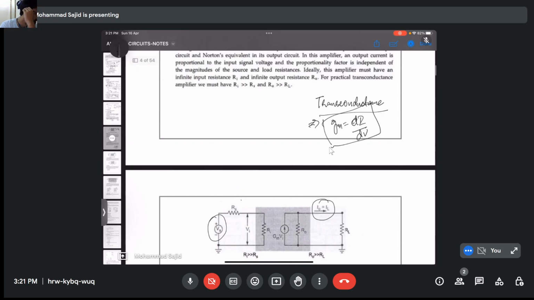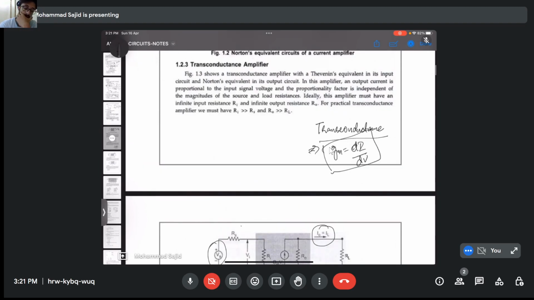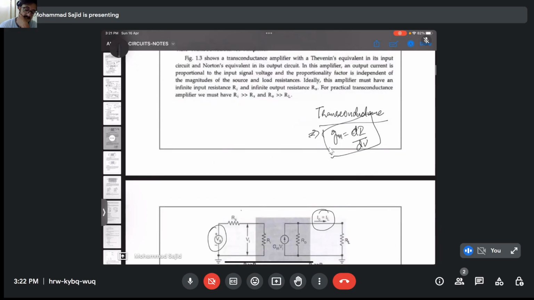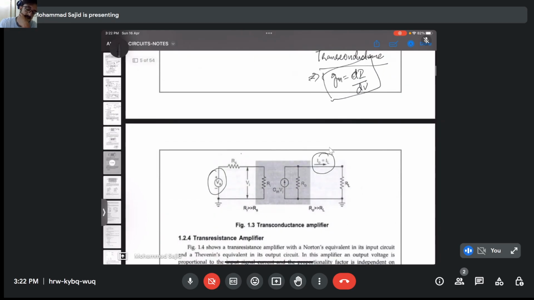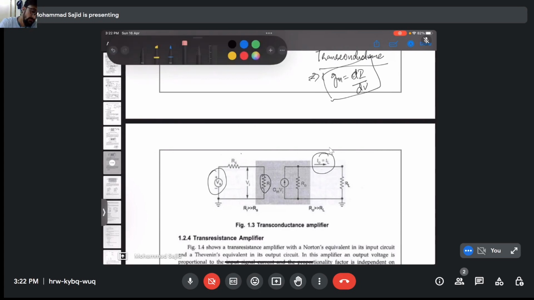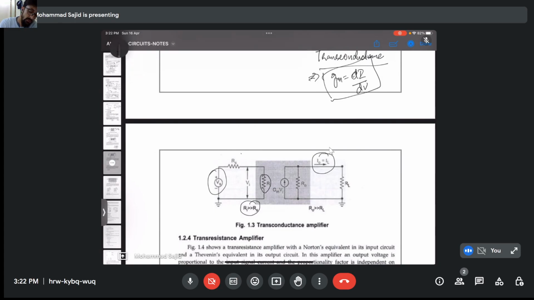That is the transconductance amplifier. Let's see the circuit. What should be Ri? Ri should be very, very greater than Rs. And similarly, what should be R naught and RL? Since the whole current has to flow through this load, R naught should be very, very higher than RL. This is the condition for the transconductance amplifier.